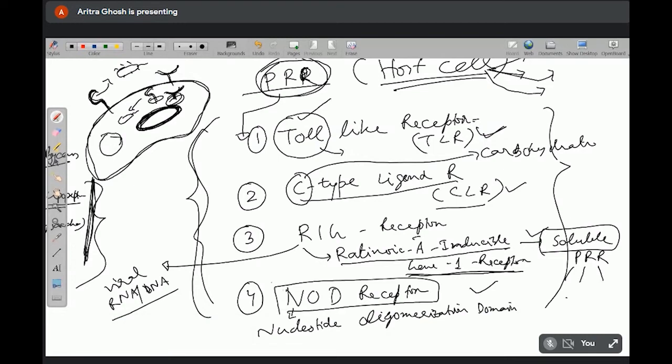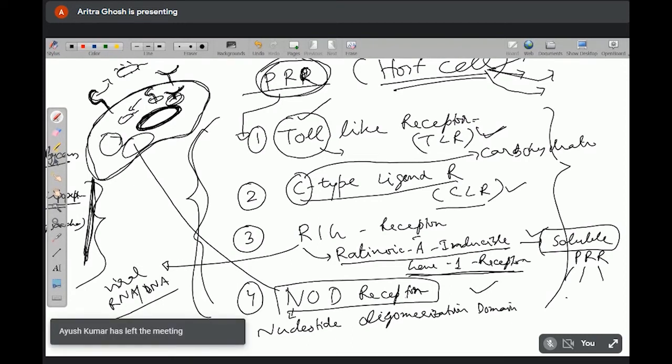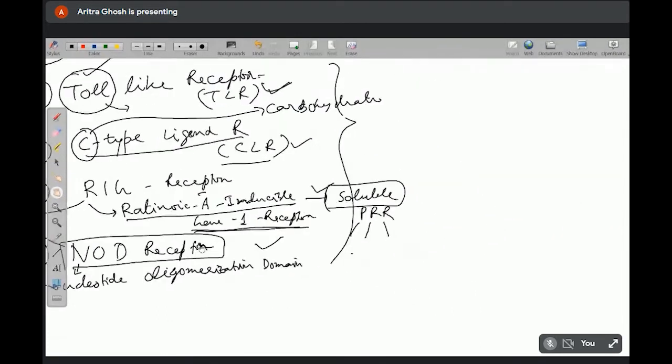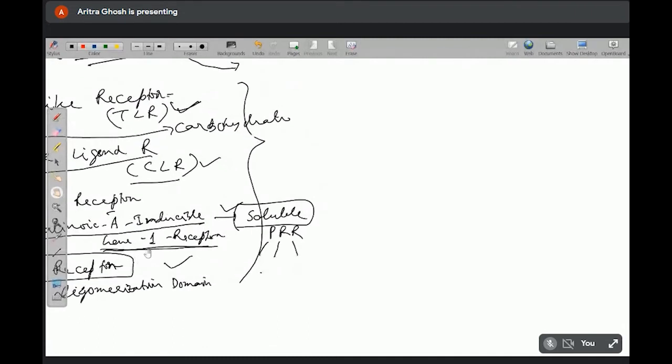That may come in a future MCQ also: name one soluble pattern recognition receptor. That is the RIG receptor. These are the receptors which are important for recognition.